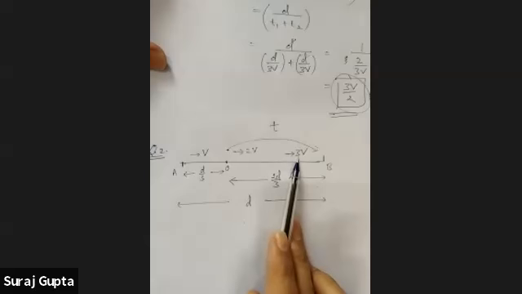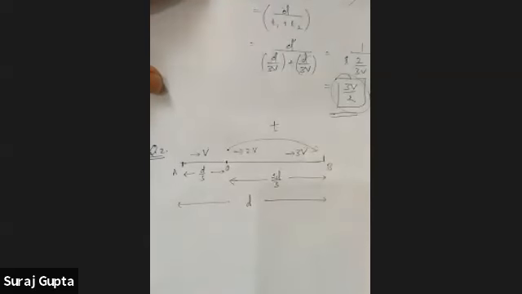You have to find the average velocity or average speed during this entire journey. You just need to remember that one formula: average velocity is nothing but total displacement upon total time.